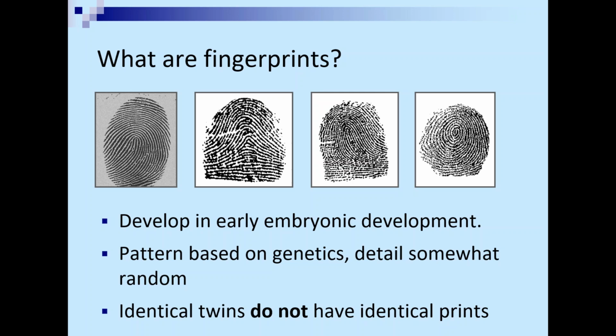If you take 100 sheets of paper and you try to crumple them the exact same way every time, there's going to be slight differences in where the little wrinkles and folds and crevices are in that paper. And it's the same way with fingerprints. As that skin shrivels up, the way it shrivels is going to be due to the different pressures in the womb. So even two identical twins in the same womb, their fingerprints are going to shrivel up differently.